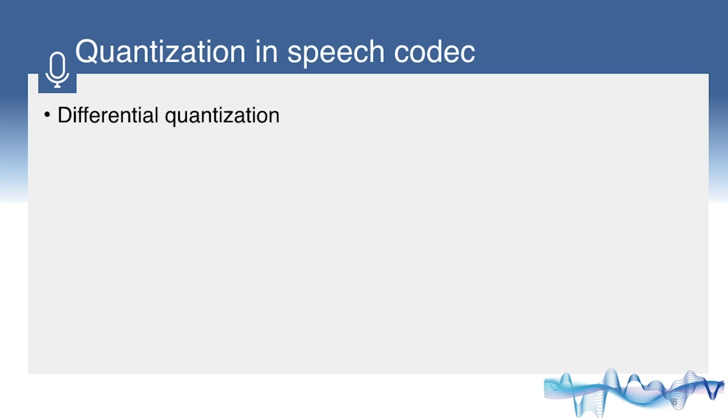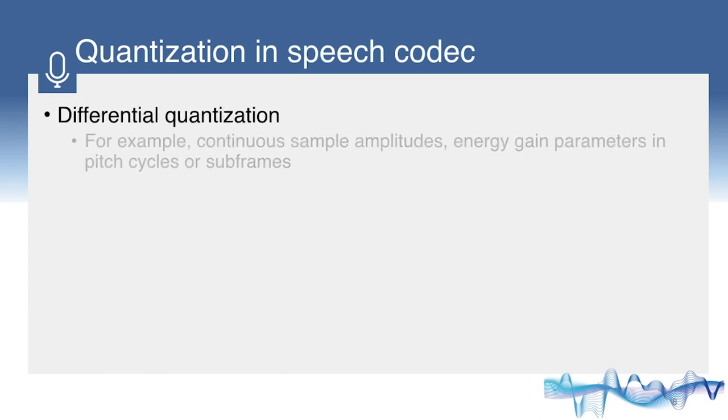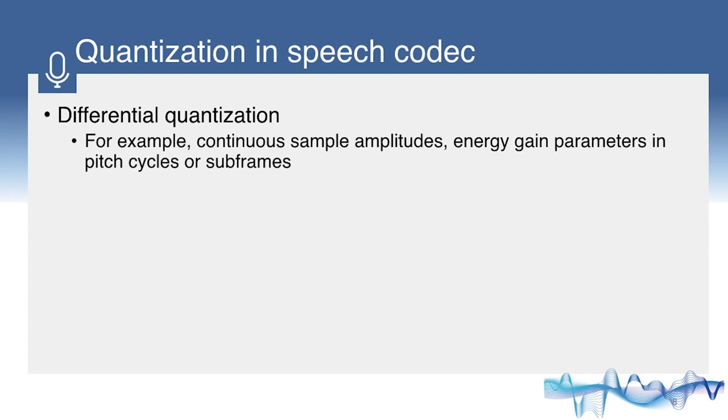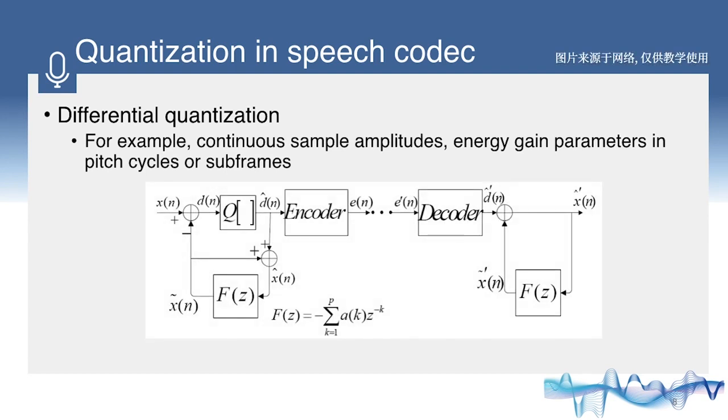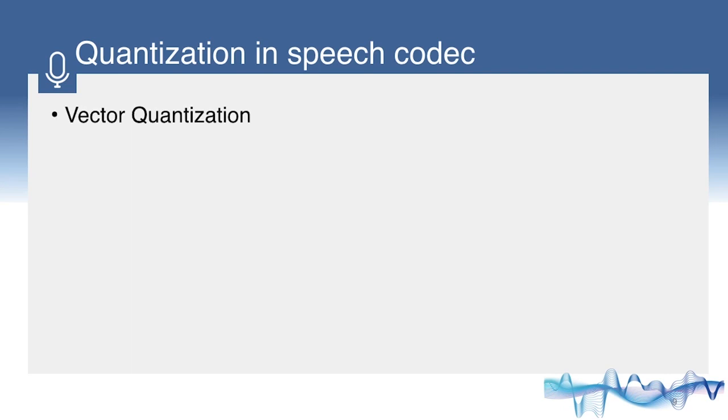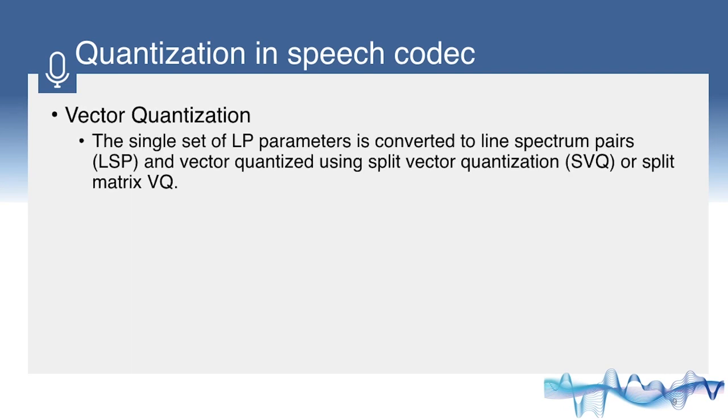Differential quantization is often used to quantize continuous sample amplitudes and energy gain parameters in pitch cycles or subframes, which have high correlation between neighboring parameters. The single set of LP parameters is converted to line spectral pairs (LSP) and vector quantized using split vector quantization, SVQ.